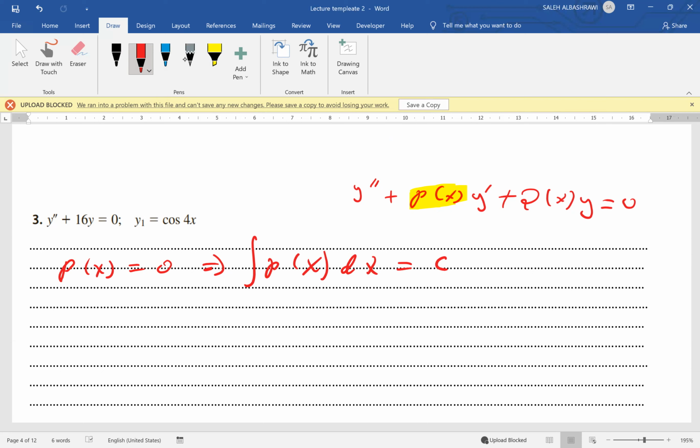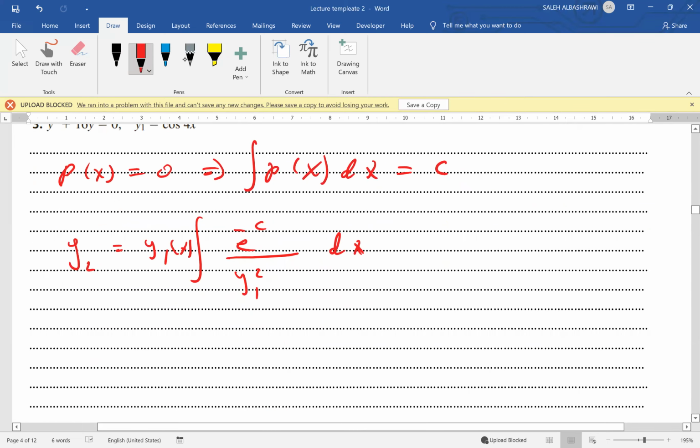So the second solution, which is y2 equal to y1 integration of e to power minus c divided by y1 square dx.